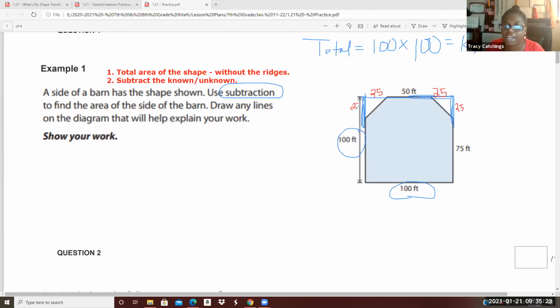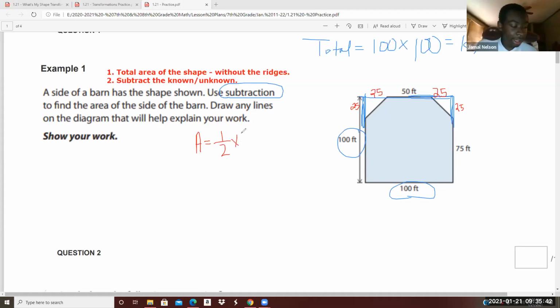How do we find the area of a triangle? 1/2 times base times height. Great job. Jamal, I love how you went back to your notes to find it because you knew you wrote it down. Great job.